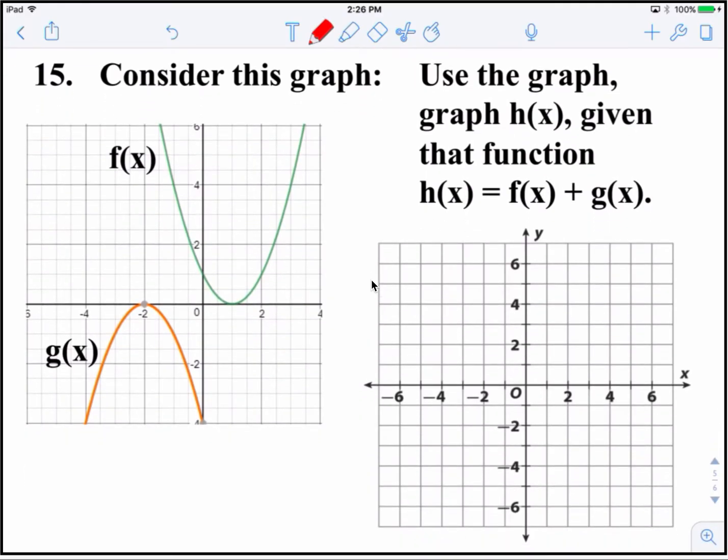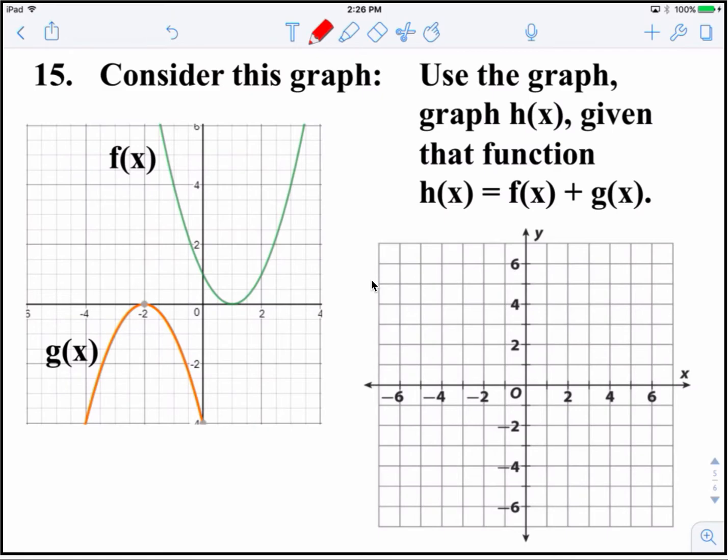When I look at number 15, it's kind of tricky. Number 15 uses the graph of f of x and the graph of g of x, given that the function h of x is equal to the f function plus the g function. Before we do this, let's find the function for f of x first.